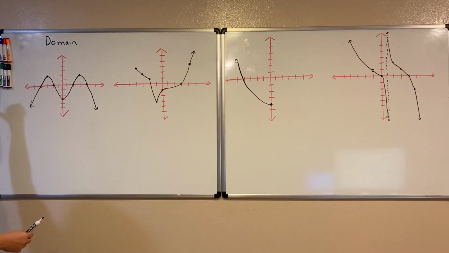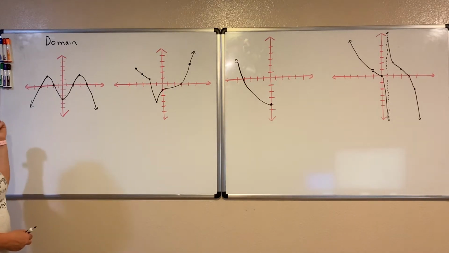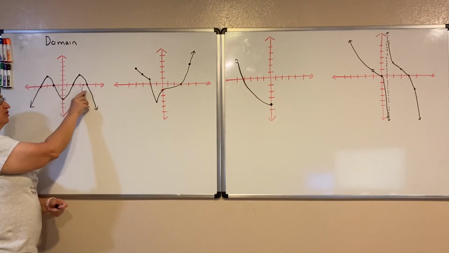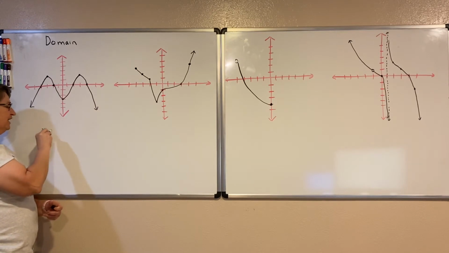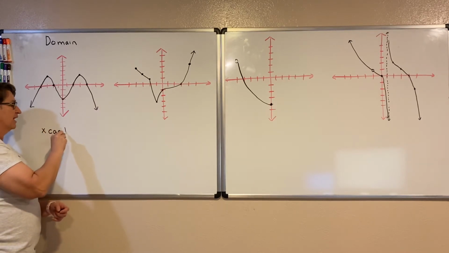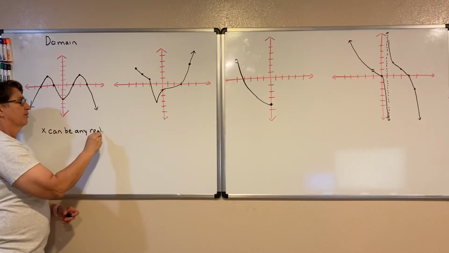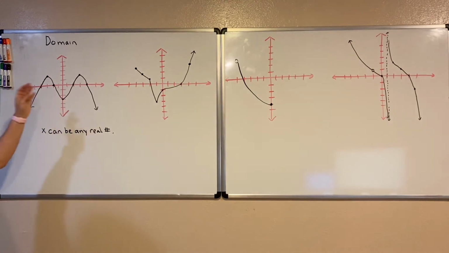If I pick -100, this arrow tells me that this graph is going to continue and there will be an output there for where x is -100. So all along this graph, there are points. So my x can take on any value. x can be any real number. I can pick any x value and I'm going to get a point on this graph.